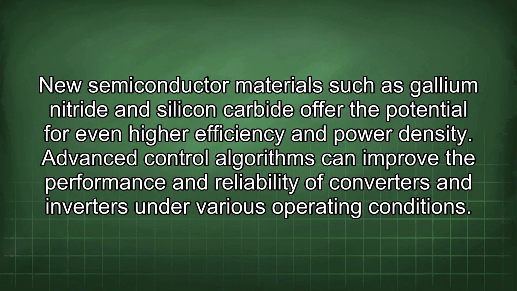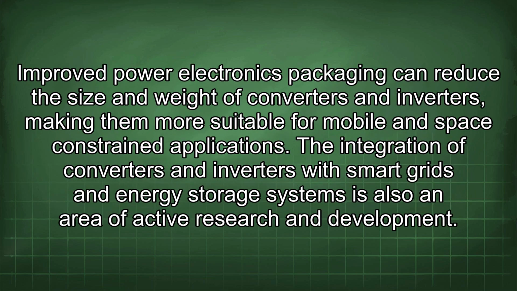Advanced control algorithms can improve the performance and reliability of converters and inverters under various operating conditions. Improved power electronics packaging can reduce the size and weight of converters and inverters, making them more suitable for mobile and space-constrained applications. The integration of converters and inverters with smart grids and energy storage systems is also an area of active research and development.